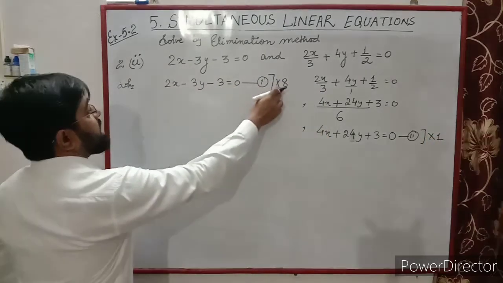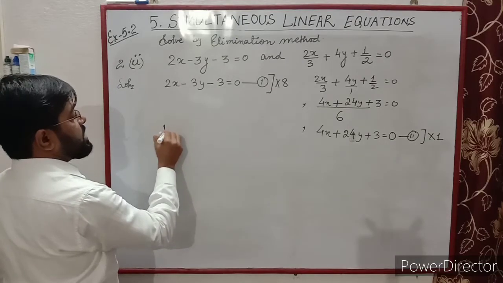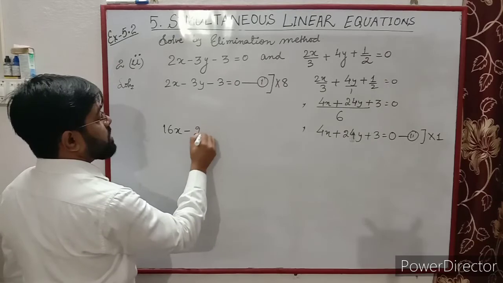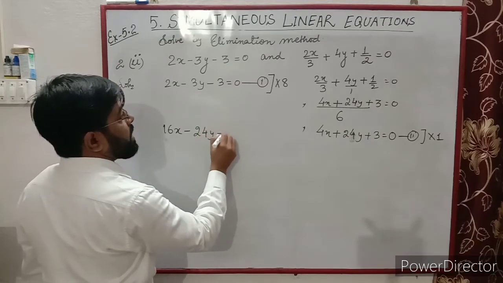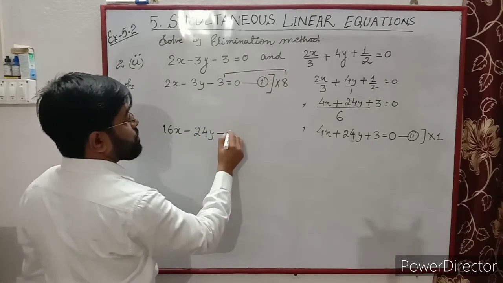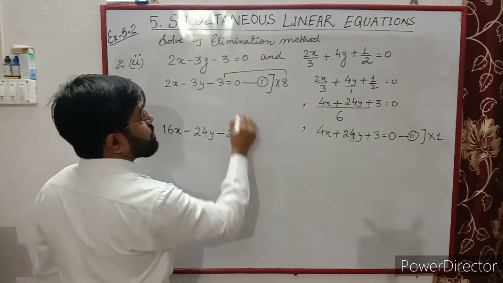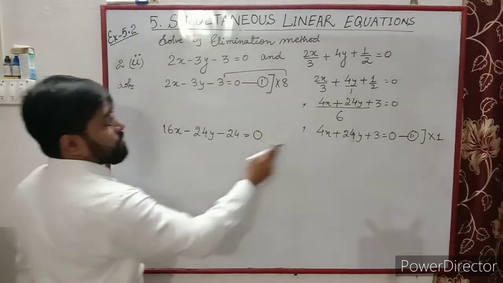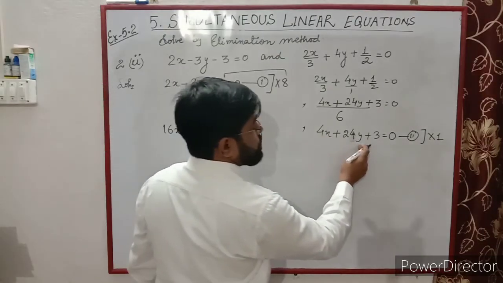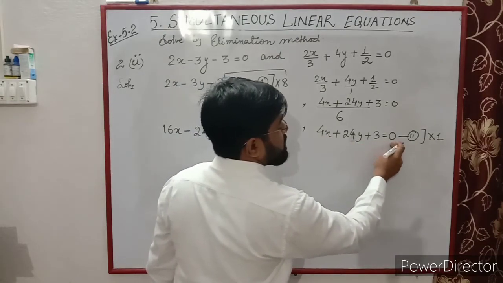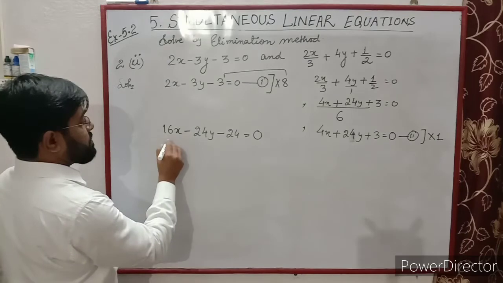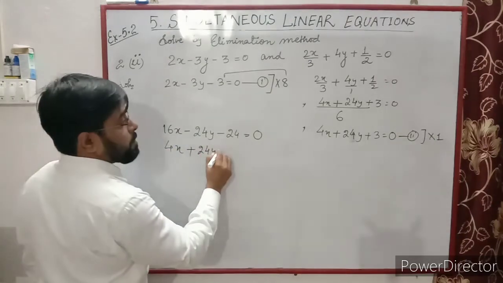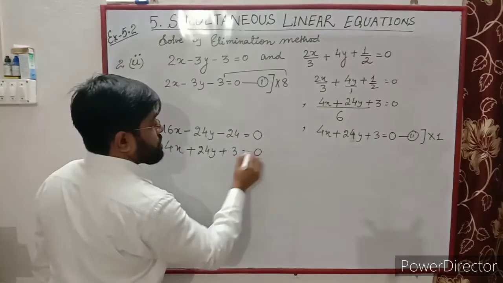So we have 8 2s are 16 x minus 8 3s are 24 y minus 8 3s are 24 is equal to 0 multiplied by 8, we have 0. Now 4x plus 24y plus 3 is equal to 0 multiplied by 1. So we have 4x plus 24y plus 3 is equal to 0.